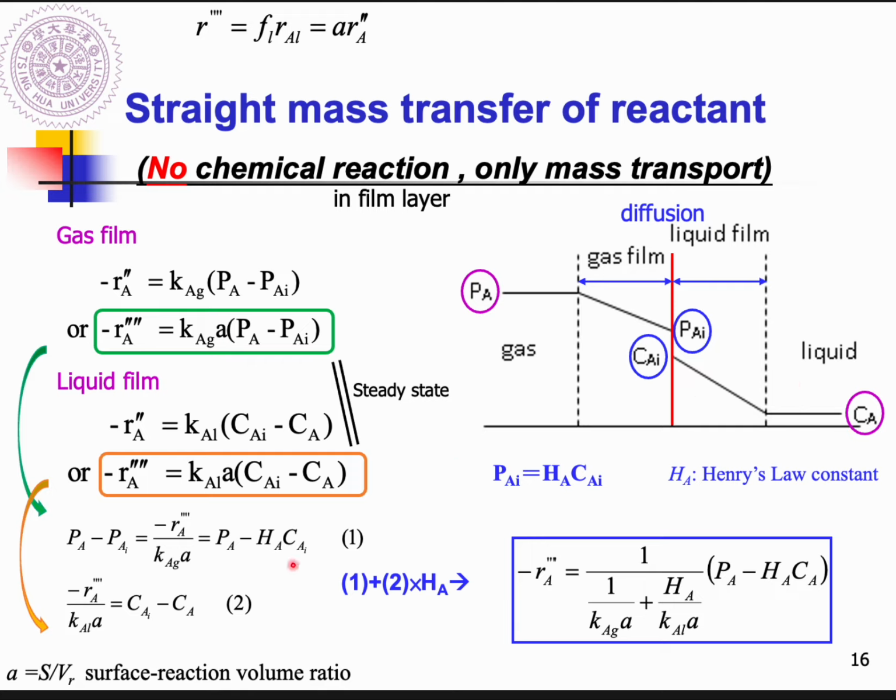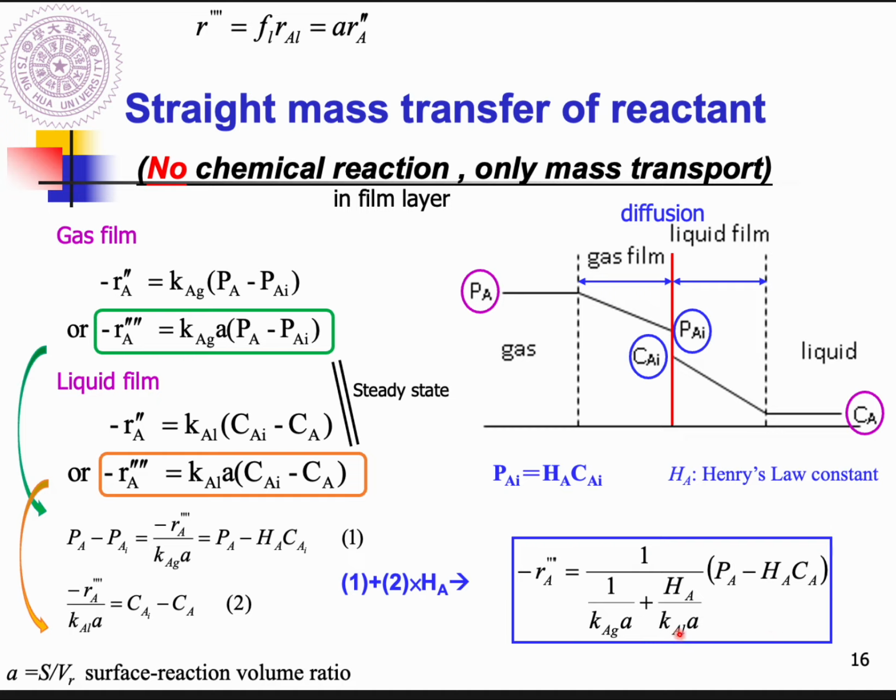It is unmeasurable, so we use these equations. We use this equation plus this equation times H_A, so we can eliminate C_AI, and then we get these results. This is the consumption rate of reactant A per reaction volume, expressed like this.